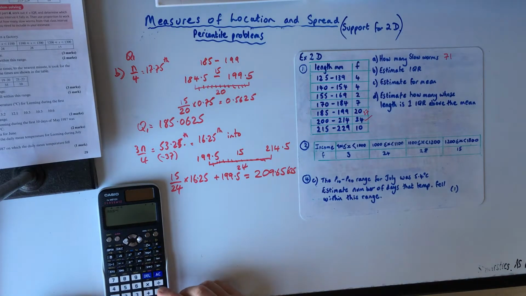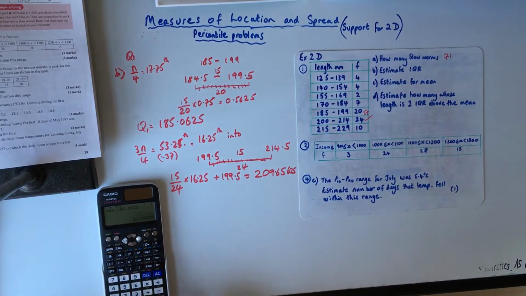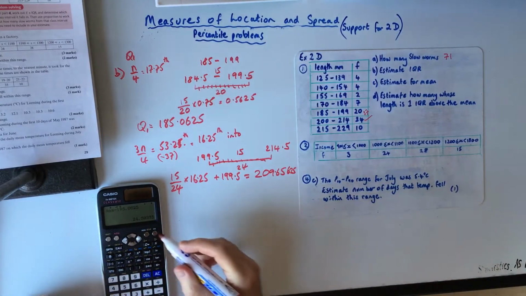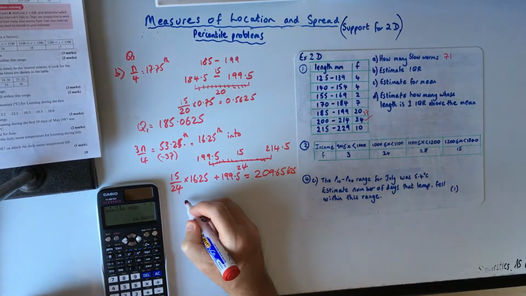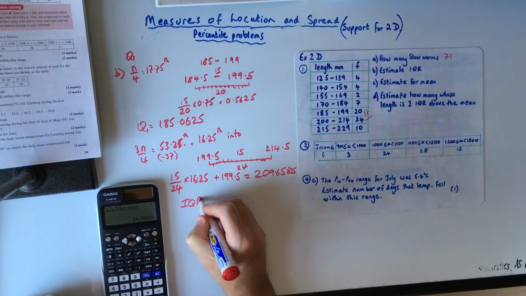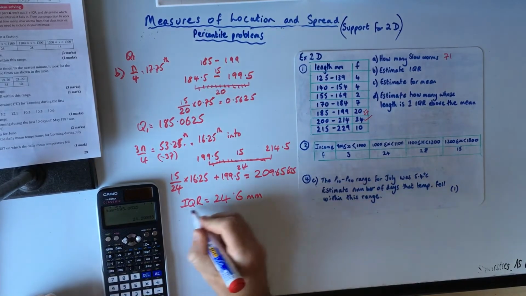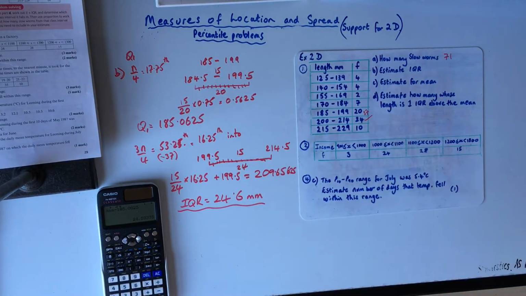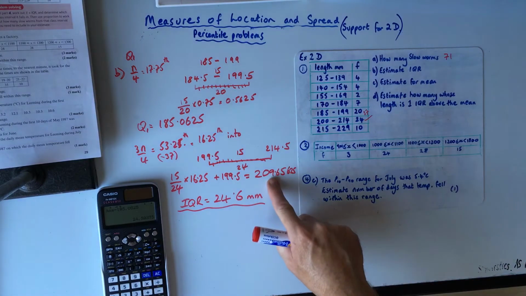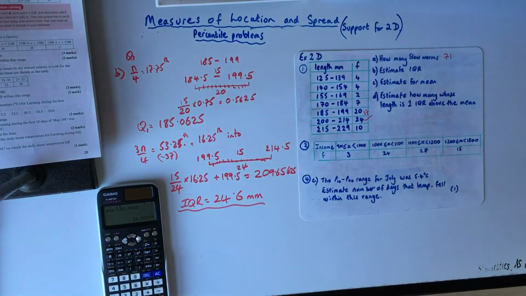Minus 185.0625, and that gives us 24.6 rounded off. So the interquartile range is 24.6 millimeters. Okay, so there we go, and that was that one. Take away that one, Q3, take away Q1.